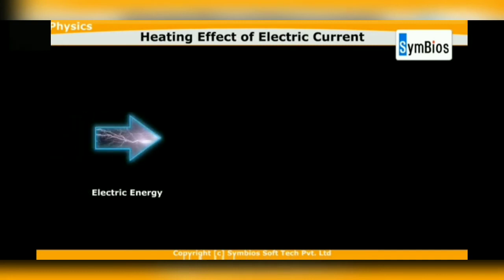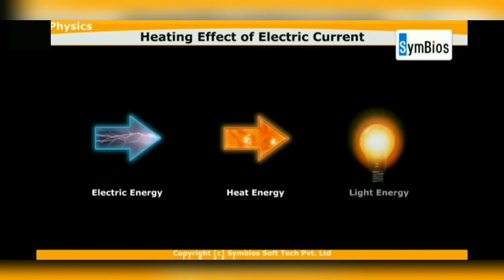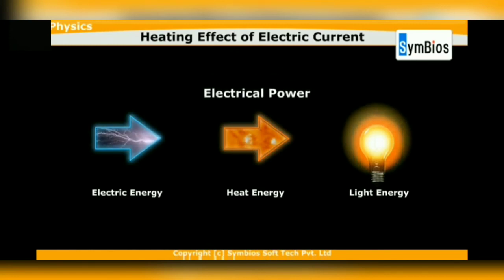The electric energy supplied to an appliance is converted into heat energy and other forms of energy such as light energy in a bulb. This conversion of energy happens at different rates in different appliances and is indicated as the electrical power of the device.